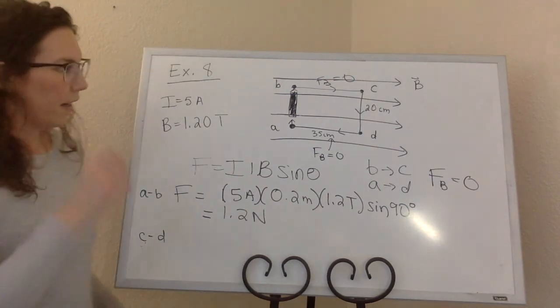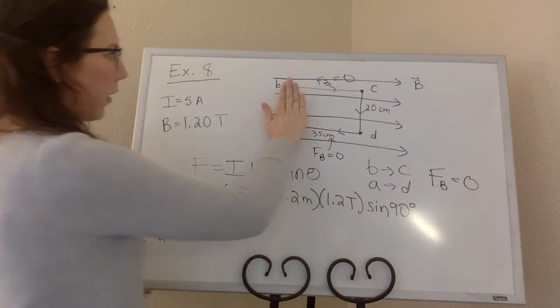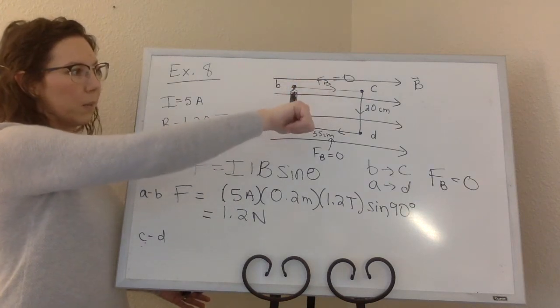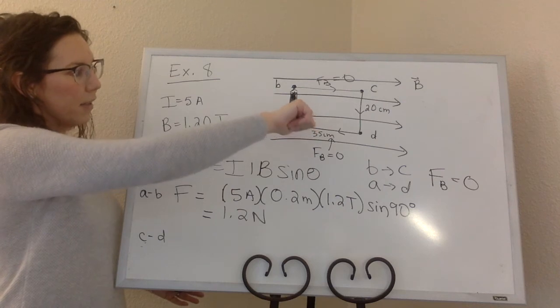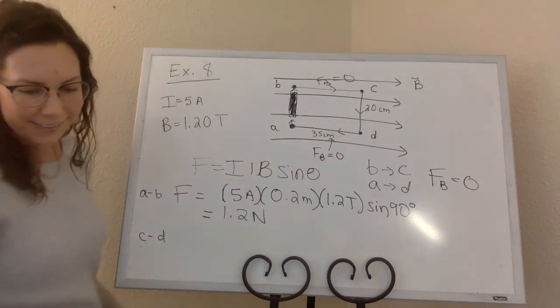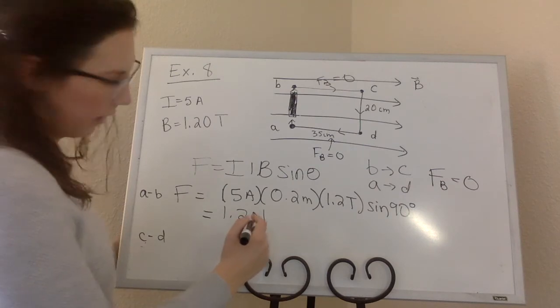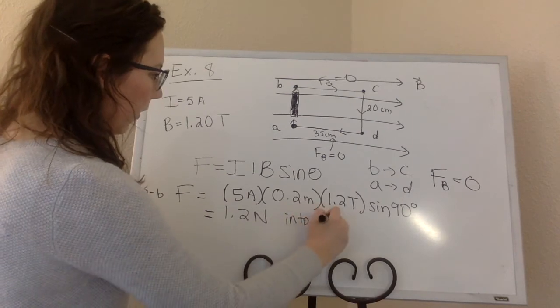All right, and then if we look at the right-hand rule to find the direction, our fingers are in the direction of the current, and then curling towards the magnetic field, which is this way, and I get into the page at that point. Let's write that, into the page.